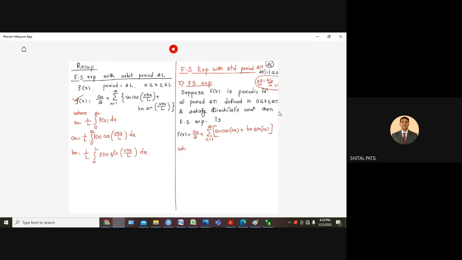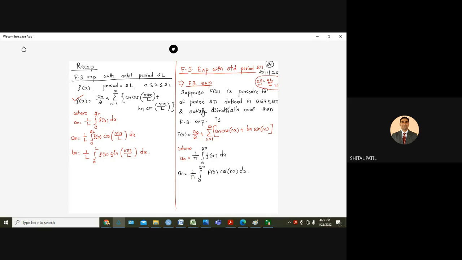Where, write formula for a naught. a naught equal to 1 upon pi, it is not 2 pi, integration 0 to 2 pi f of x dx. Then a n equal to 1 upon pi integration 0 to 2 pi f of x cos of nx dx.